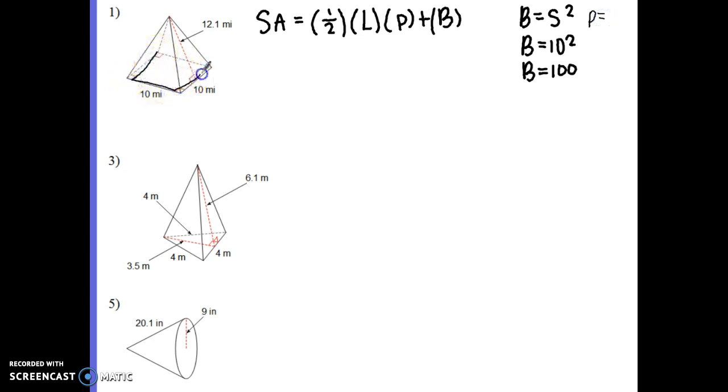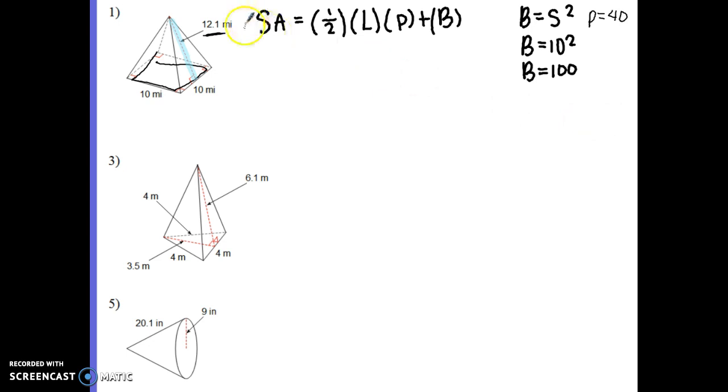So 10, 10, 10, 10, that is 40. And my slant height is given to me. Remember, the slant height is the height that runs along the side. Not the one of the entire pyramid, but just the face, or the sides.